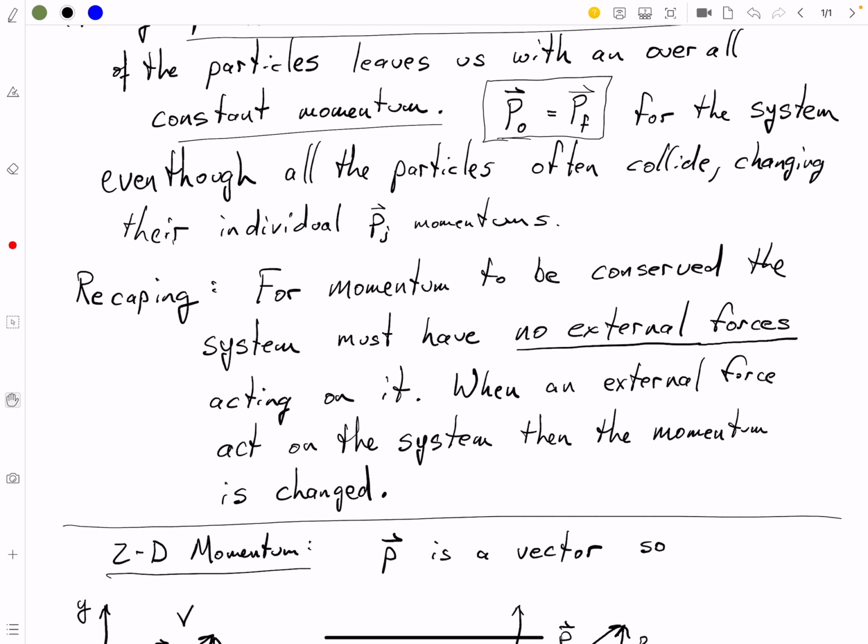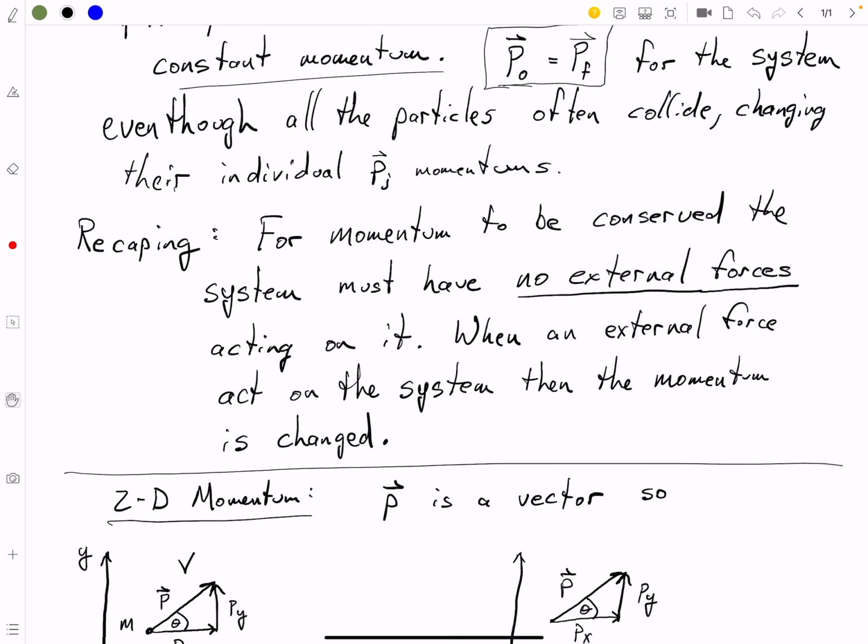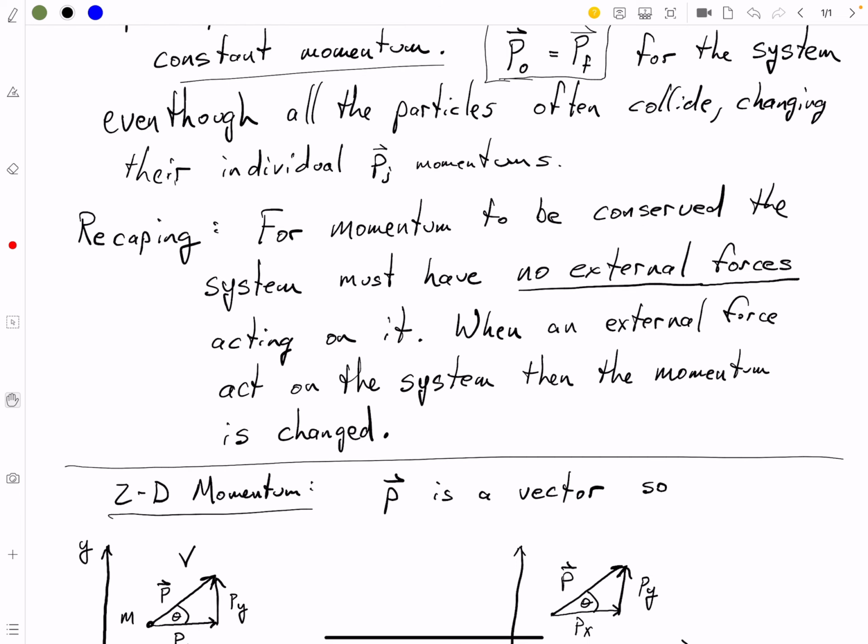For momentum to be conserved, the system must have no external forces acting on it. So, we are trying to conserve momentum, and for us to do that, no external forces can act on our system. Okay? And now we have defined the system as the whole box.